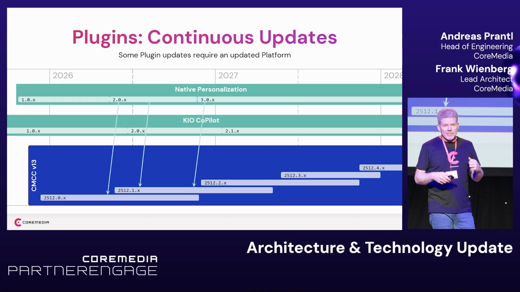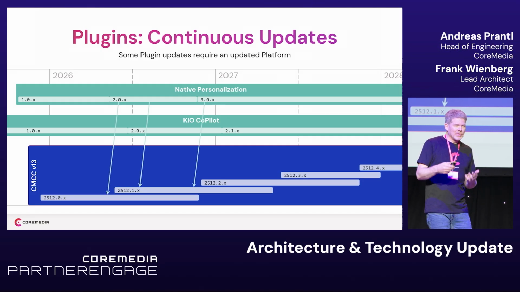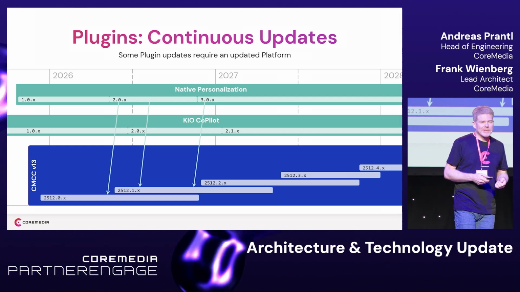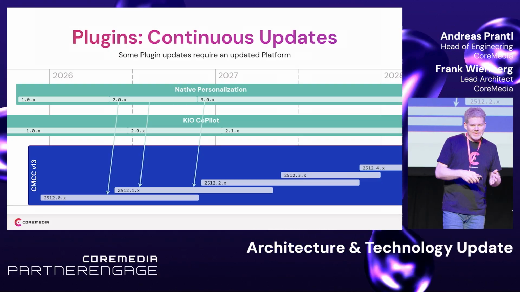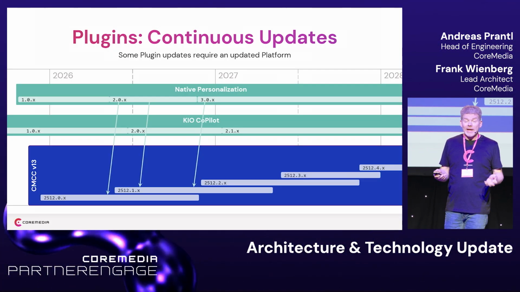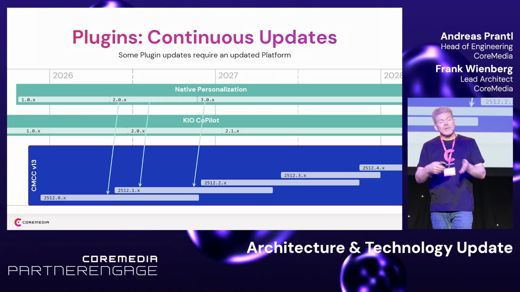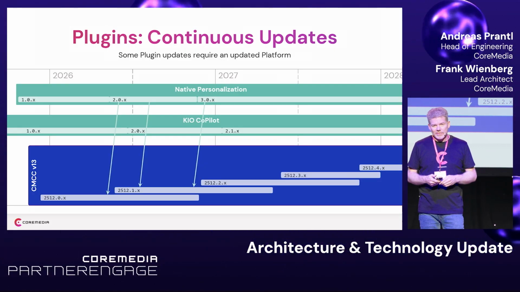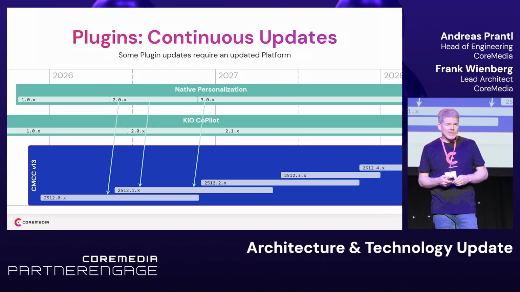Of course, you need a minimum version of the platform to be able to switch to the latest version of the plugin. But I think that's quite normal for plugin architectures, that you need to update your platform regularly. You need to do that anyway for security reasons, and then you can move to the new or updated feature by updating the plugins, by just increasing the version number.